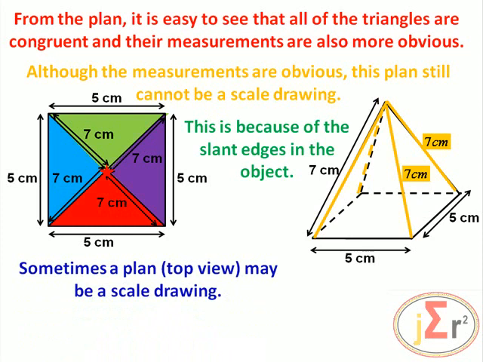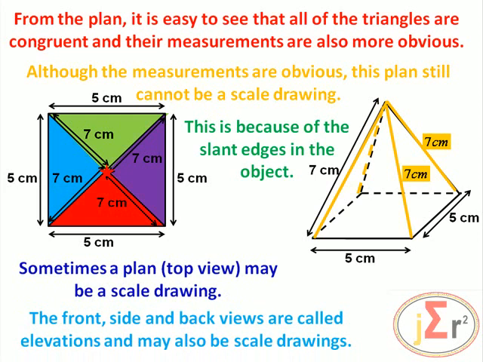Sometimes a plan or top view may be a scale drawing. Sometimes the front, side and back views are called elevations and may also be scale drawings. So the elevations can be scale drawings, but the plan is not necessarily. As a matter of fact, the plan can be a scale drawing, but in this case it is not, and what prevents it is that the edges that we have here are slant, like this.